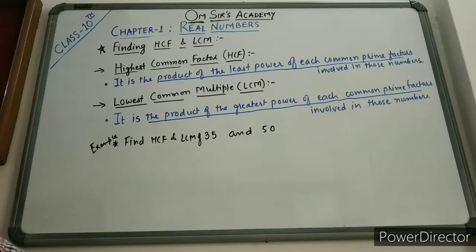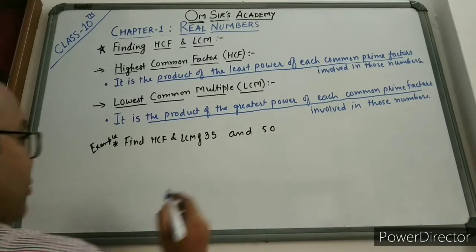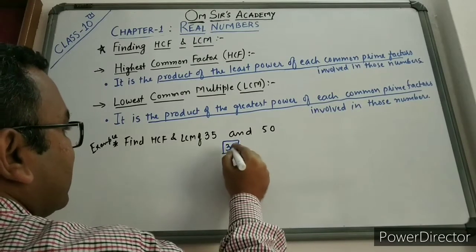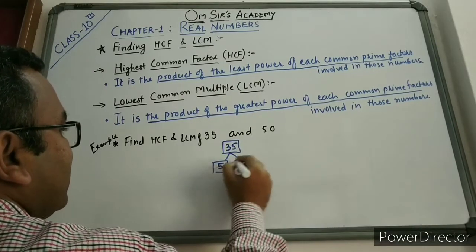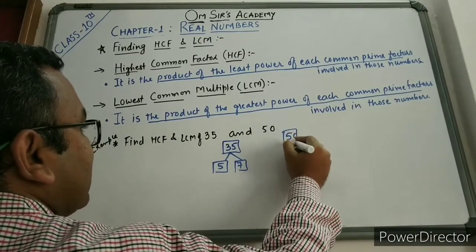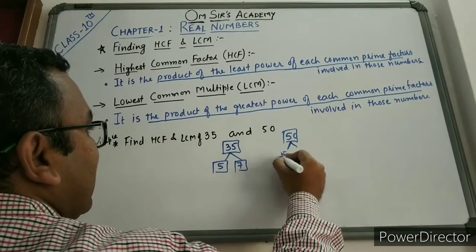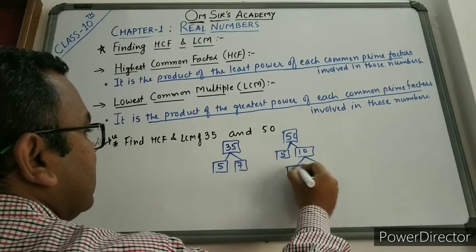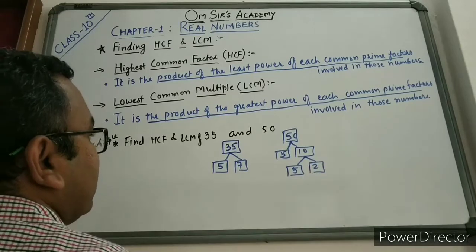By the prime factorization or factor tree method, I can factorize 35 as 5 into 7, which is 35, and 50 can be prime factorized as 5 times 10, and then 5 twos are 10.